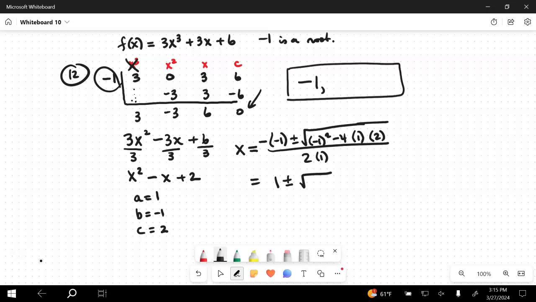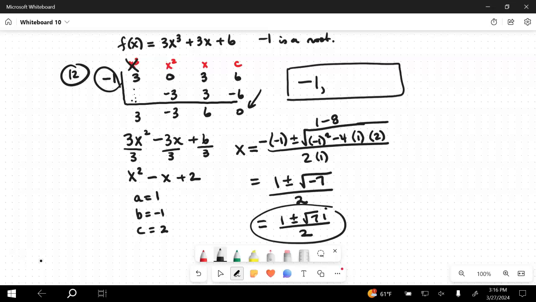The square root I'm going to clean up here. It's going to be 1. Negative 4 times 1 times 2 is a negative 8, which is going to give us a negative 7, all over 2. That cleans up a little more. 1 plus or minus the square root of 7, i, all over 2. And those are the last 2 zeros that we want inside our master list.